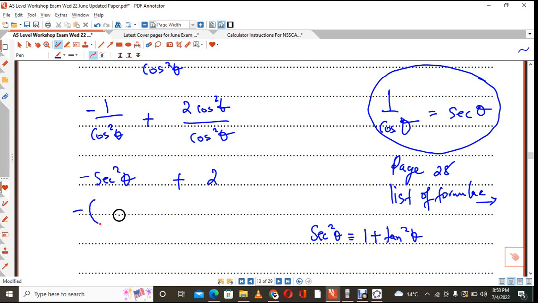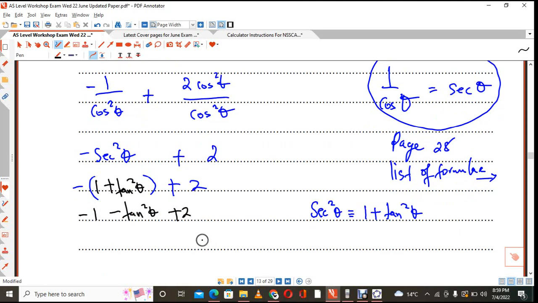So I'm going to have minus, plus 2, and then in the place of that I will have 1 plus tan square theta. Now I can go ahead and multiply out. I get minus 1 minus tan square theta plus 2. And 2 minus 1 is going to be nothing but 1. Okay, so the answer would therefore be 1 minus tan square theta.